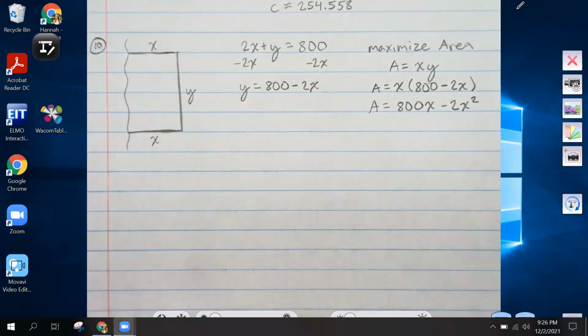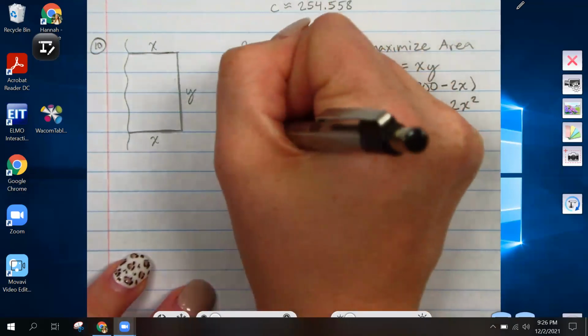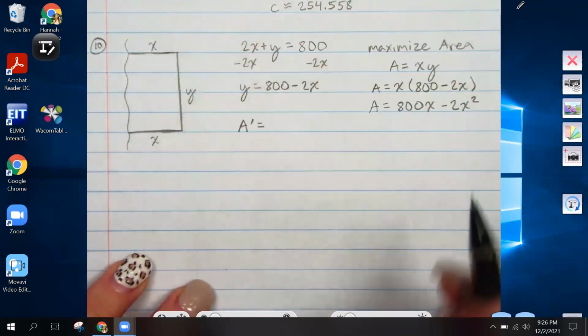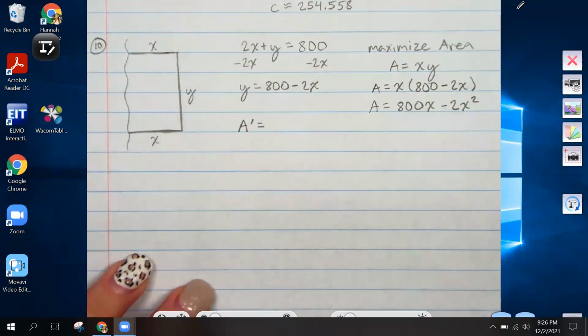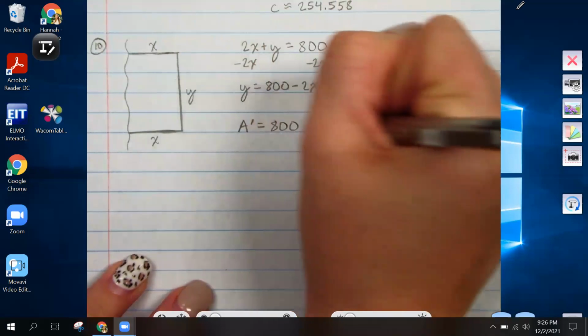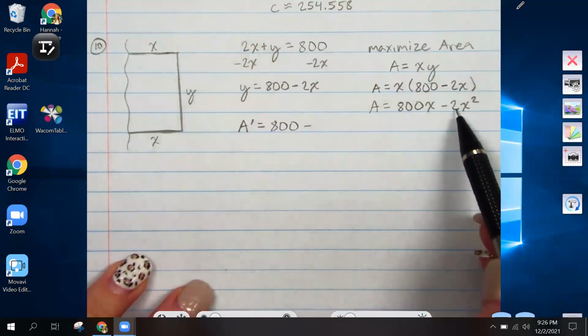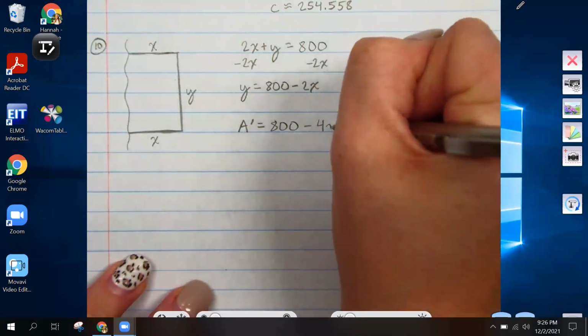So we're doing the same thing here that you would do if you're trying to find a maximum or a minimum of an equation. You take the derivative, set the derivative equal to 0, draw your number line and see whether or not that value is a minimum or a maximum. So the first thing we need to do here is take the derivative. A prime, the derivative of 800x is 800, minus the derivative of 2x squared, which is 4x.